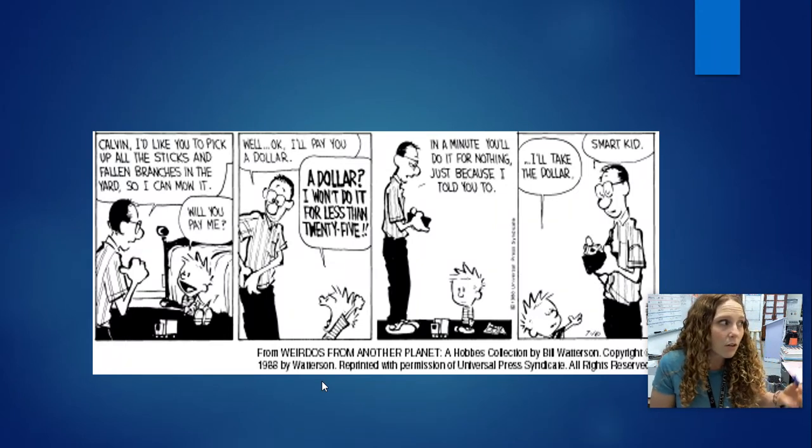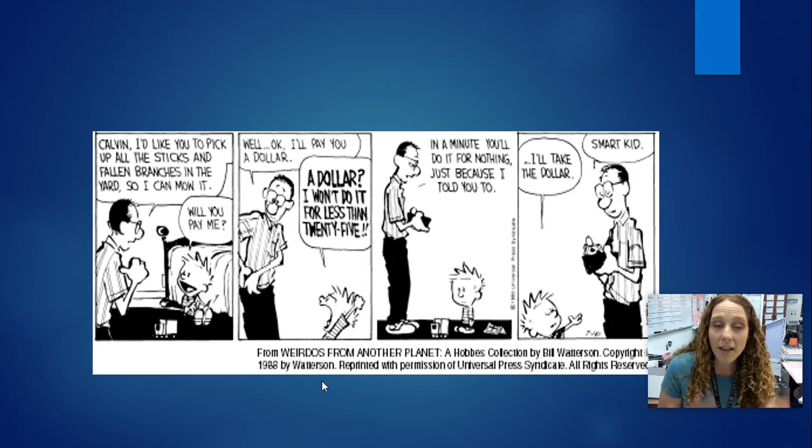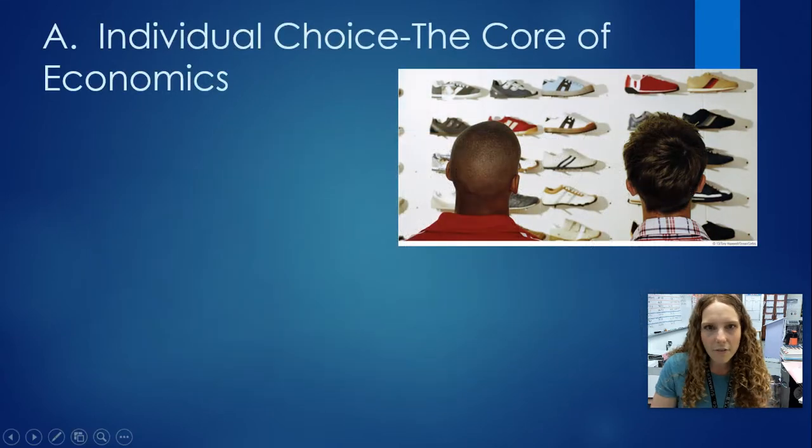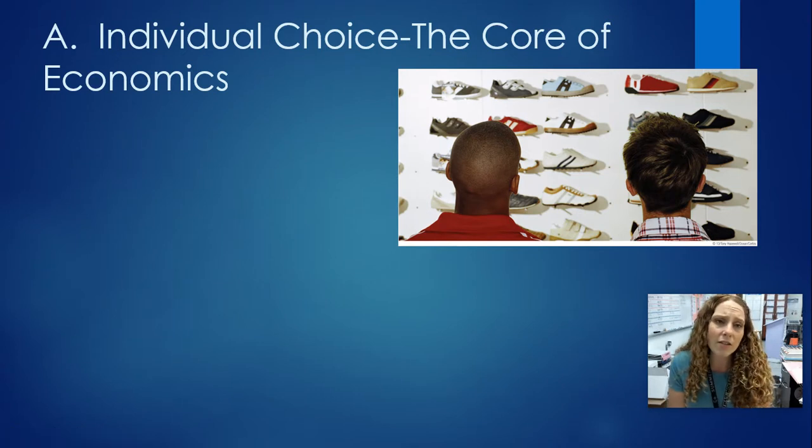Maybe not the conclusion that he originally wanted, but it's a decision-making process, and it was about weighing costs and benefits. That's what economics is. That choice is the crux of everything that we will do.